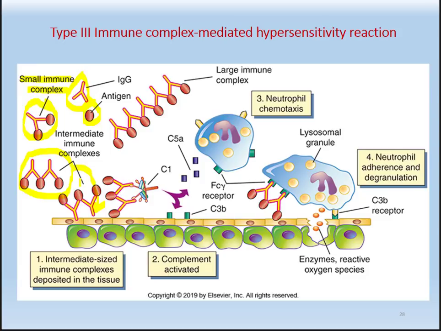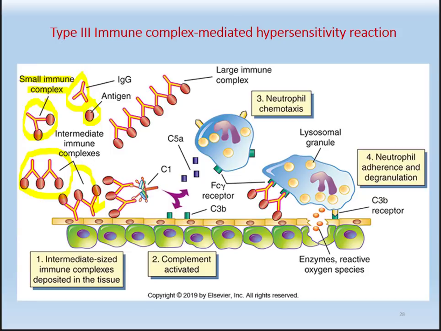Type 2 involves an antibody binding to an antigen on the cell surface. Whereas with type 3, the antibody binds to an antigen that you can think of as being soluble in the blood or within body fluids and forms a complex which is then later deposited into the tissues.